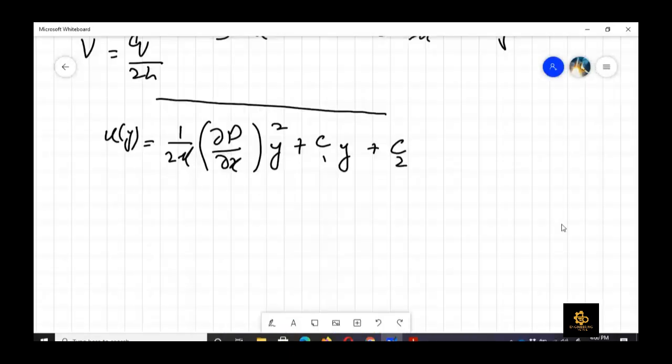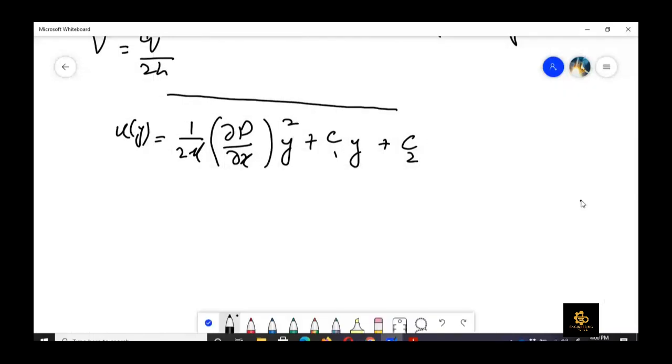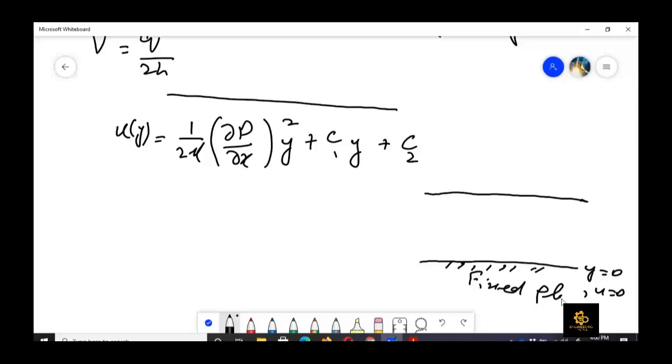So first of all, let me draw the schematic here. Here, y is equal to 0, so u is equal to 0. This is the fixed plate. Now this distance is b, and here u is capital U at y is equal to b.